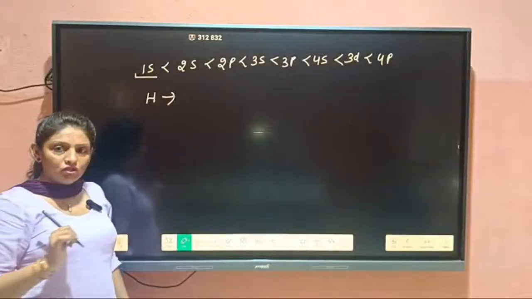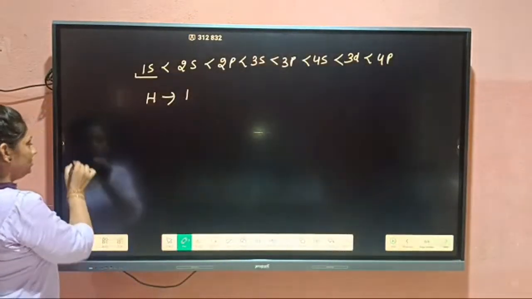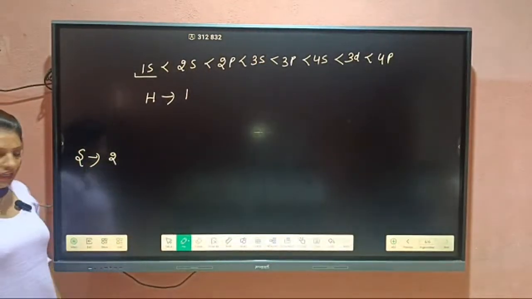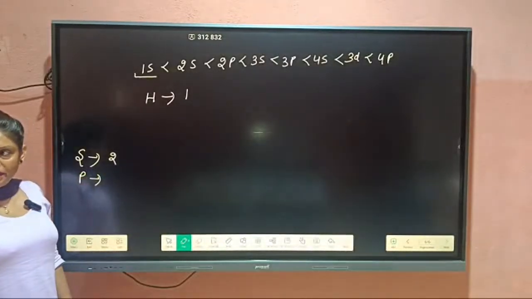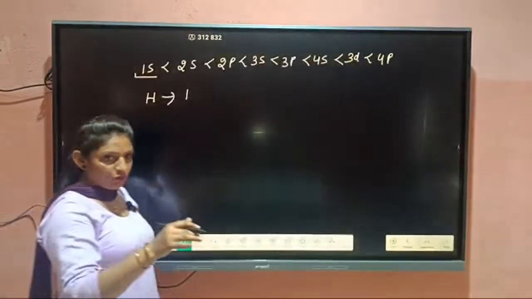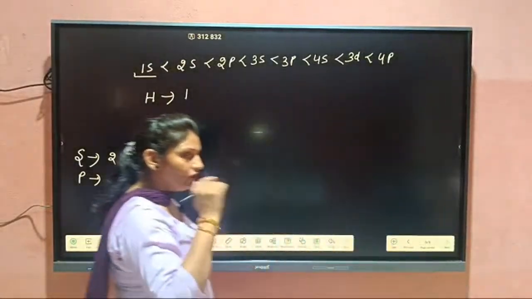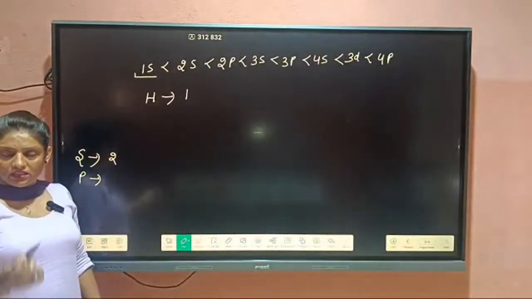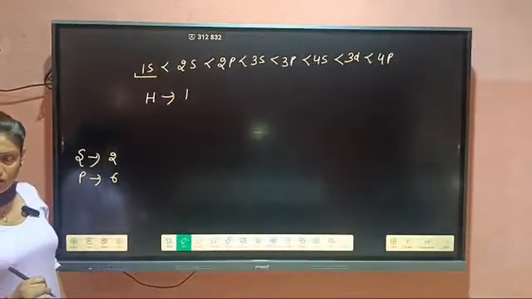So if we want to fill electron in hydrogen, what is atomic number of hydrogen? It is 1. In s orbital we can fill maximum 2 electrons. In p we can fill maximum 6 electrons, because there are 3 orbitals, px, py and pz, and in one orbital we can fill maximum 2. So 3 into 2 is 6.